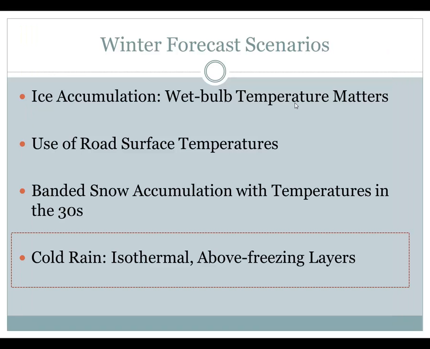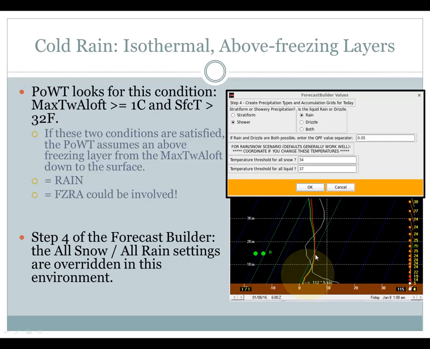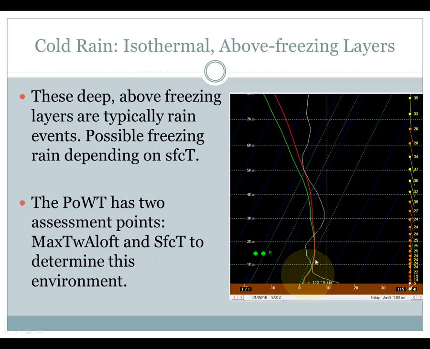Okay, and finally one more, just a warm rain process, just to give you some information about what the probability of weather type has built into the code. This is an isothermal above freezing layer, so you see that scenario right here in the sounding. You see the freezing level about 1.5 kilometers, and you see the isothermal above 0 Celsius line down to the surface.